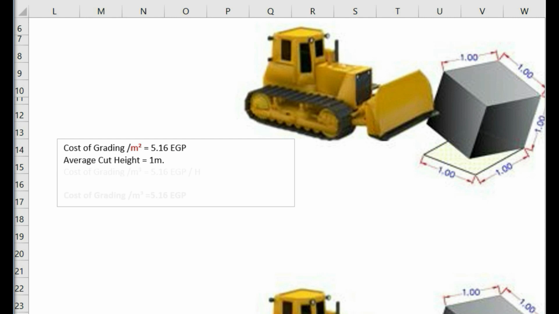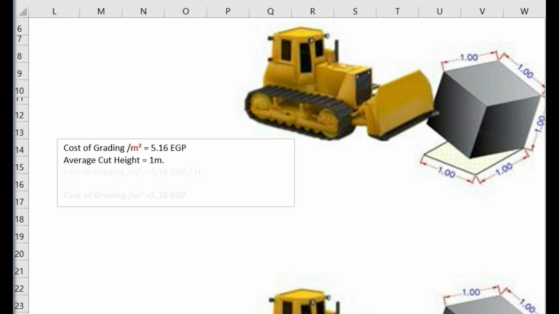If we look for a moment at the grading cost, grader, compactor, water, and even lab test, we will discover that this procedure is done mainly in a square meter, but the item is in the cubic meter.